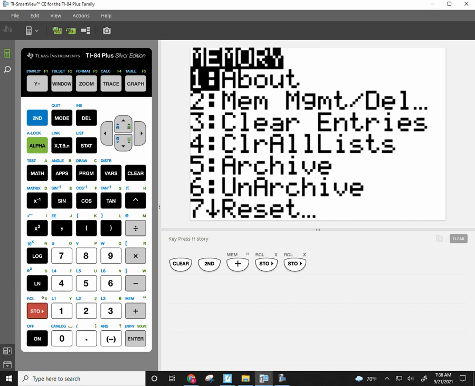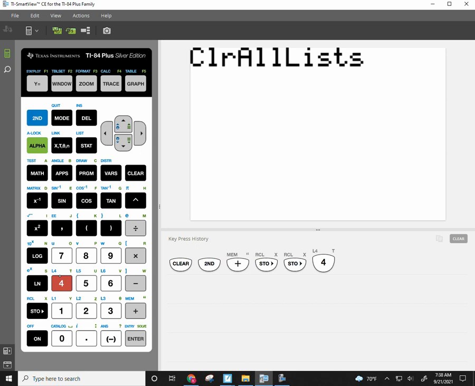It says clear all lists, and then enter. Everybody have all lists cleared? Do you need the lights on to see your calculator screens? Everyone's okay so far?